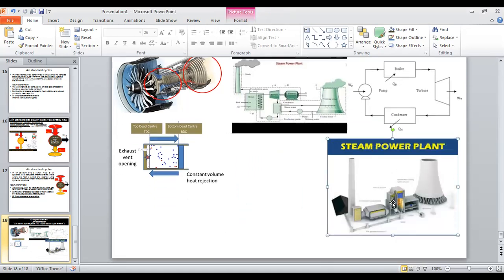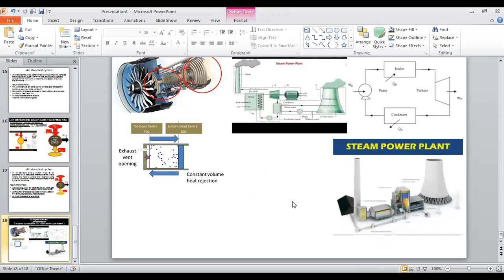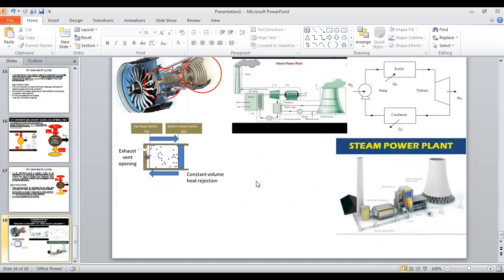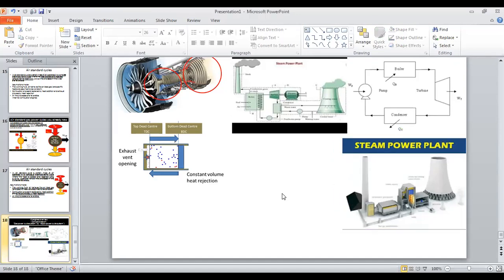Of course, to operate this, you have to have nearby water reservoirs, low temperature, meaning either the sea or a big river. That's why in our case, when it comes to steam power plants run by coal or whatever, they should be at the seaside.